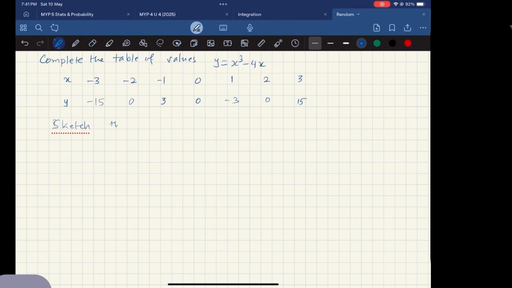Do you know, is there any difference between sketch and draw? Sketch is like quick. There are two words, sketch, and then another command word is draw. Is there any difference between them?